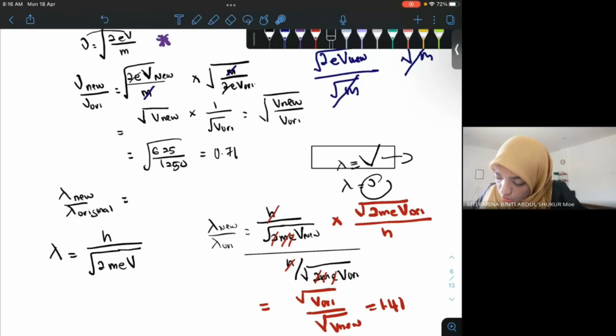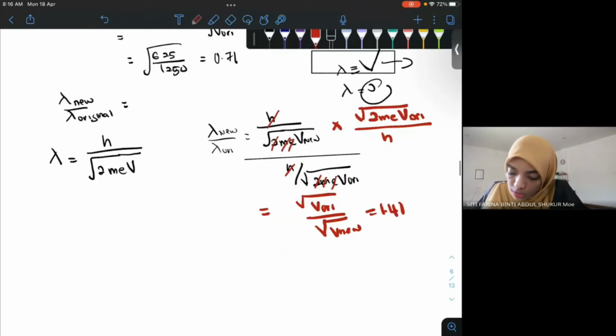Sama juga dekat sini kalau awak nak masukkan nilai H, 2ME semua pun boleh, tak ada masalah. Because all the information can be found because they are constant. So tinggal awak masukkan saja nilai. Nak buat jalan panjang pun boleh, nak buat jalan pendek pun boleh. Awak boleh cari juga lambda new dulu.